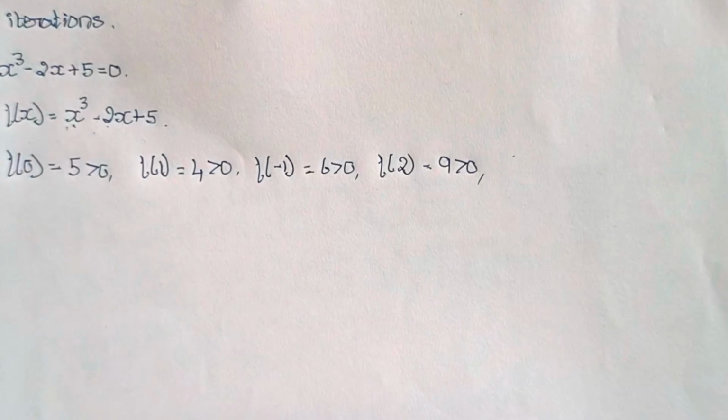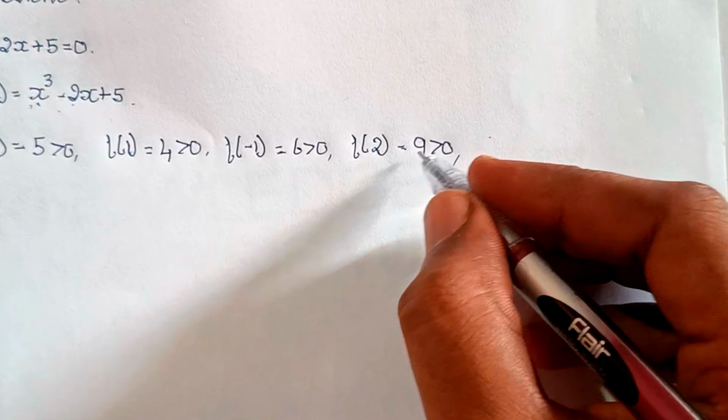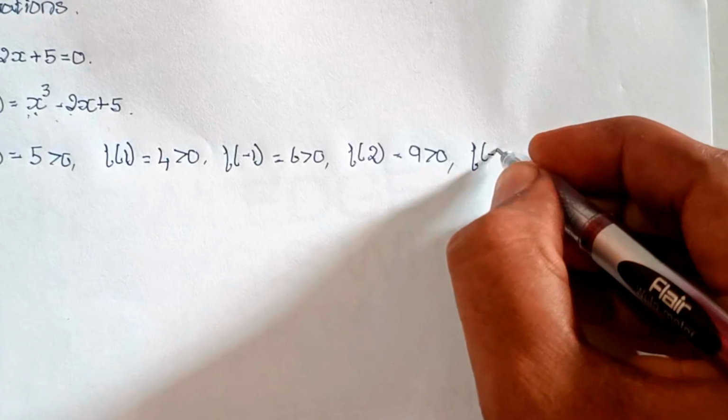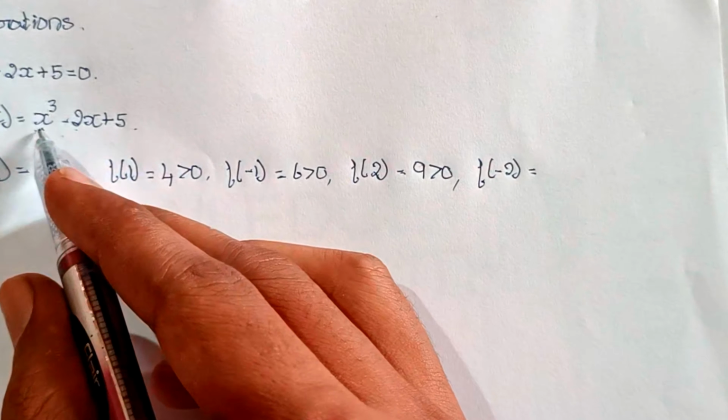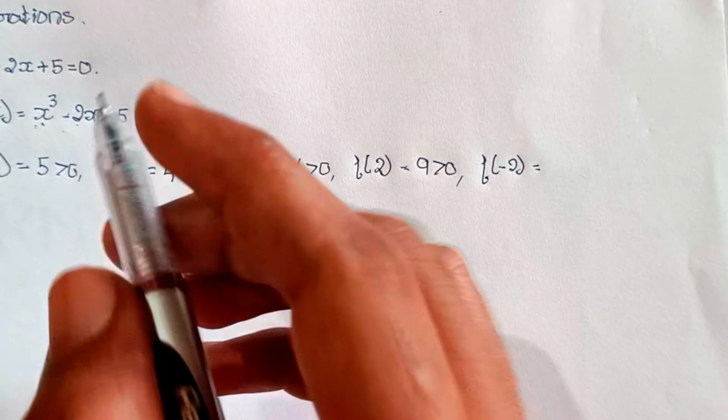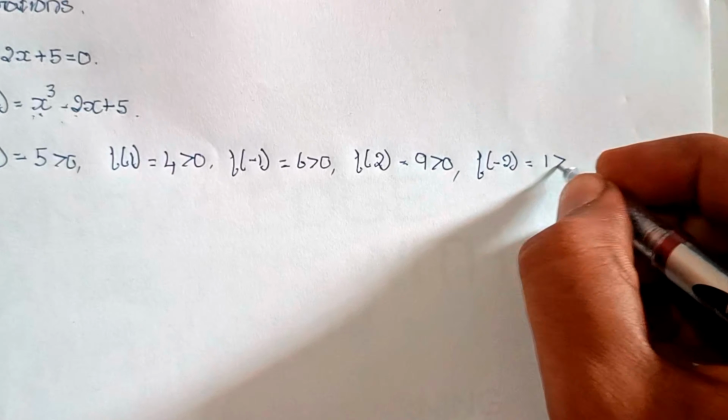We have to continue this procedure until we get a value which is less than 0. Next, f of minus 2 is minus 2 cube minus 2 into minus 2 plus 5, we get 1, which is also greater than 0.